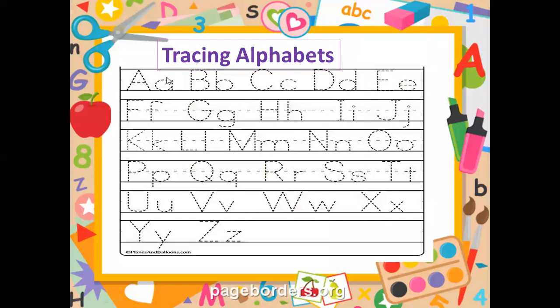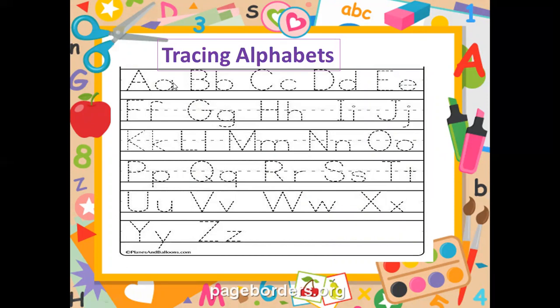Tracing alphabet. There are some alphabets already written in dot form. What we are going to do is learn how to trace the line, and with tracing, we are going to learn their writing.